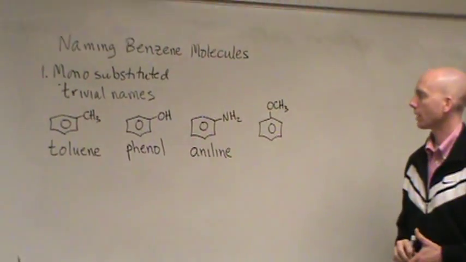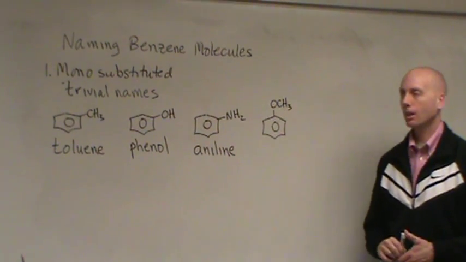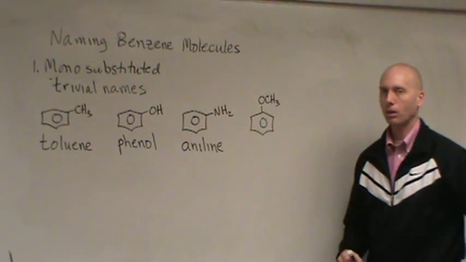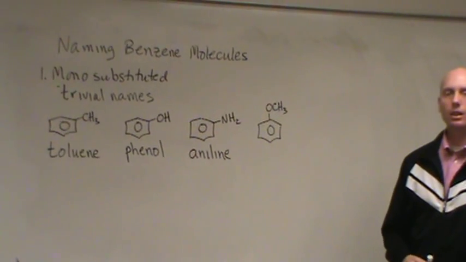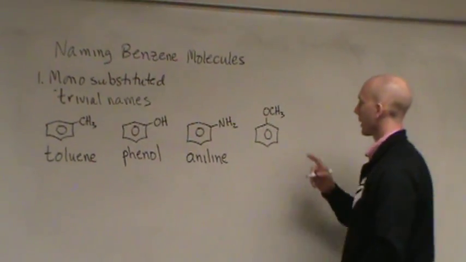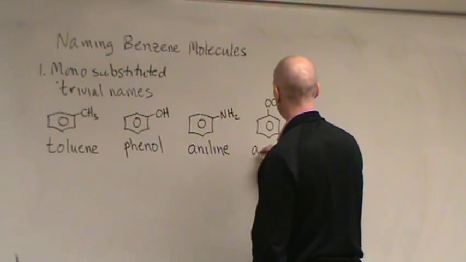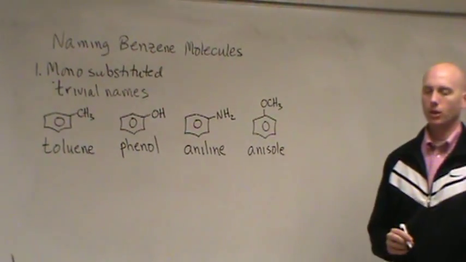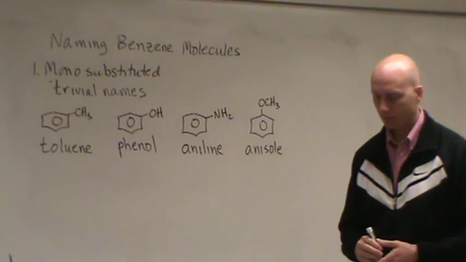We could have an OCH3. Note it doesn't matter where I put just one group, I could put it on any one of the carbons, so don't get shook up by that. An OCH3 gives us the molecule anisole.